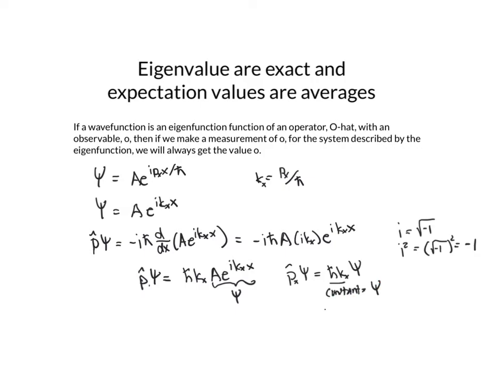And so psi equal to e to the i kx is an eigenfunction of the operator p hat, and it has an eigenvalue of h bar k. So that means I can know the momentum of this particular wave function exactly, with no uncertainty.